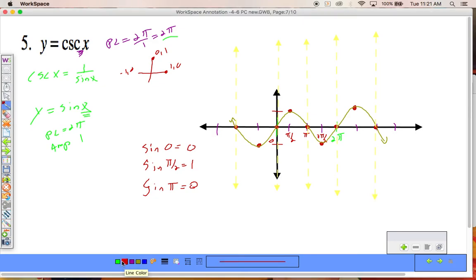Then, because this is the reciprocal, to get the graph that I want as a final answer, instead of having this wave, we're going to have parabolas. So these are going to be vertices of parabolas that we're going to draw.